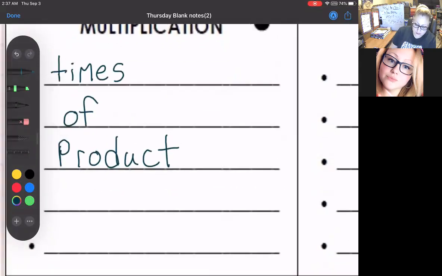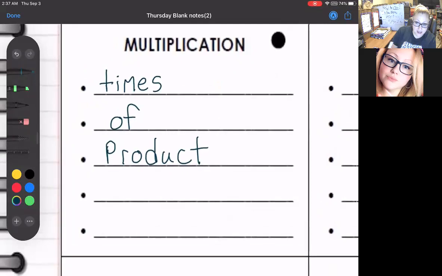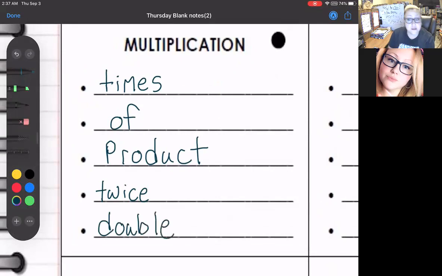And then these are some of the ones that we see sometimes. Would be the words like twice. So twice a number means 2 times a number. Or double, which again means double a number, 2 times a number. But we could also see generally, what about triple?